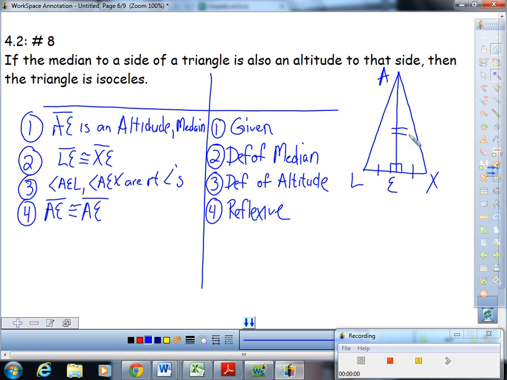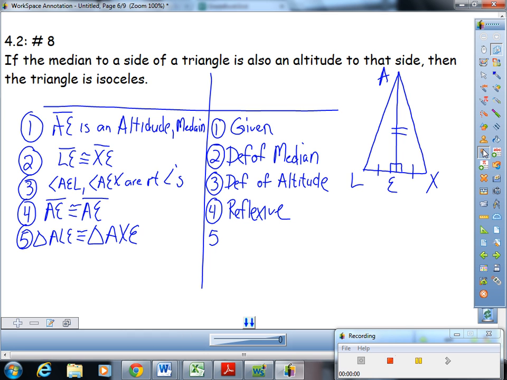And now we can say that triangle ALE is congruent to triangle AX. Oh, yes we do, Trev. Yes we do. Caught me.